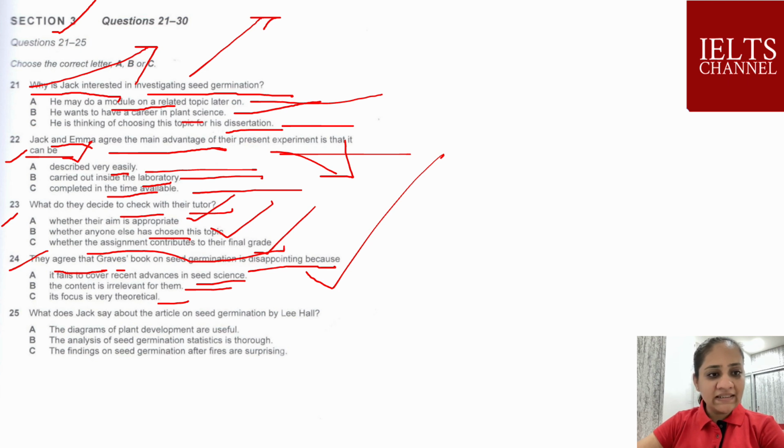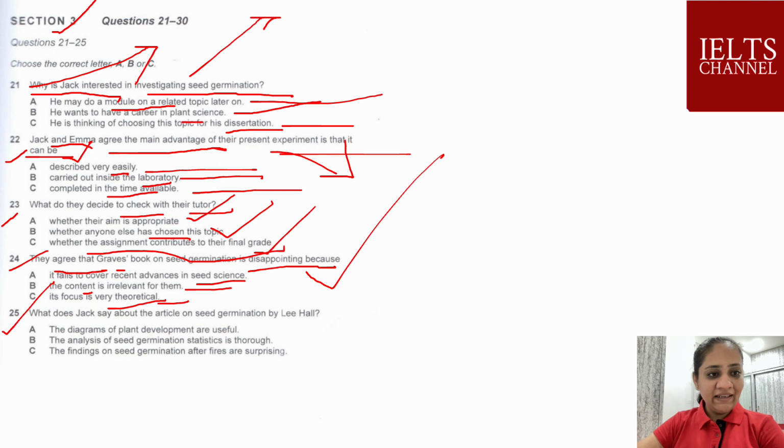So seed science is your keyword, content is irrelevant is the keyword, and the last is theoretical. Fine. So you have to just focus on the Graves book and the seed germination, why it is disappointing, with the three options: seed science, content irrelevant, and the theoretical stuff.